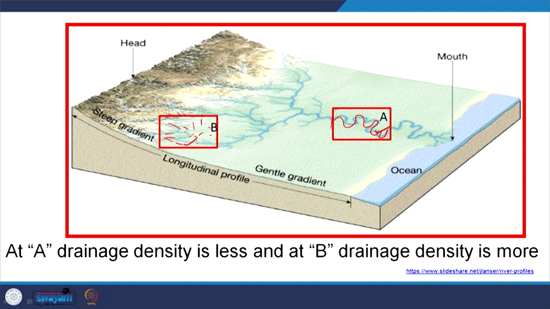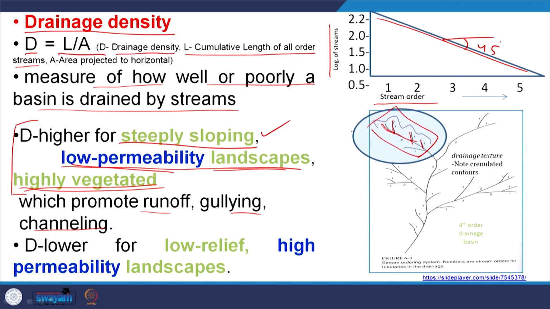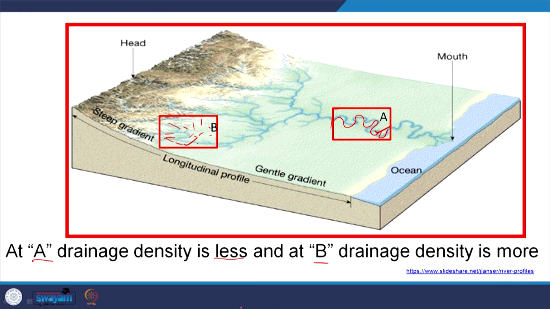So at A the drainage density is less compared to B. Drainage density means length per area, and here the length is very less compared to here. So we are getting a high drainage density and a low drainage density in these respective areas.